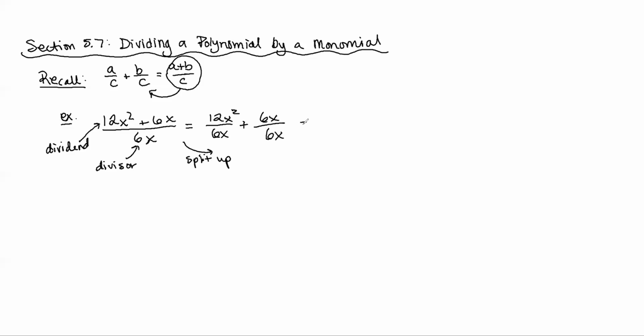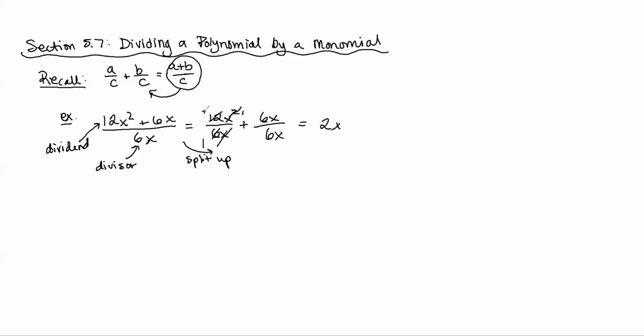And now we're going to use our quotient rule that we talked about back in 5.3, I believe it was. So we can divide. So 12 divided by 6 is 2. X squared divided by x, I'm going to do this with the canceling out method that I talked about. So I'm going to cancel out an x from the bottom and an x from the top. So we're left with a single x. The 6 and the 12, you can also reduce it down like this.